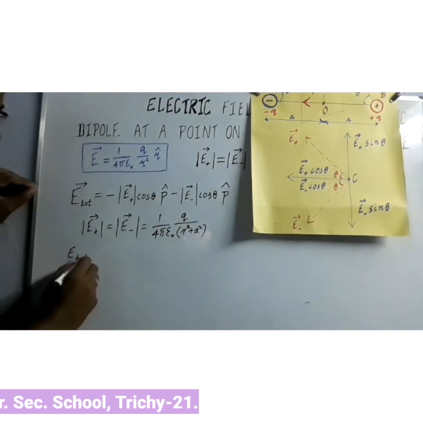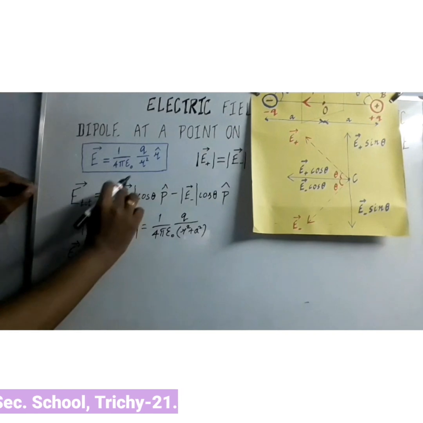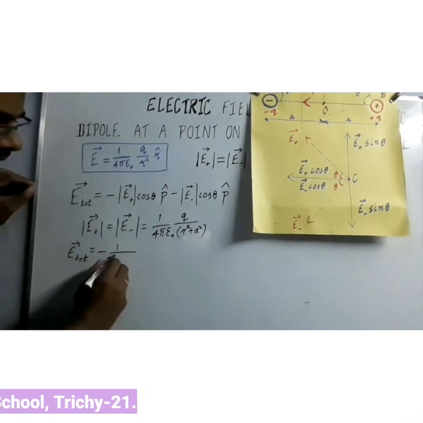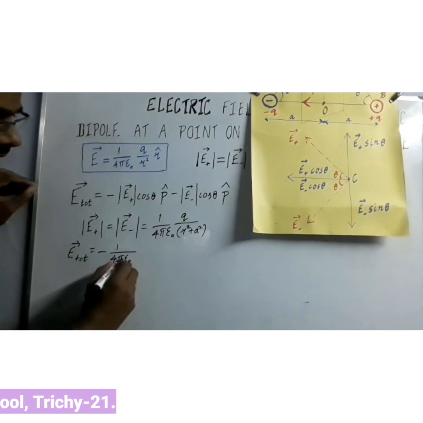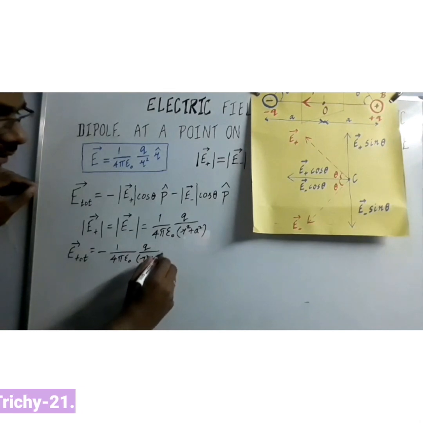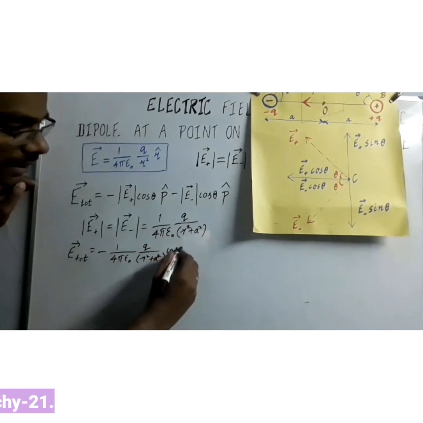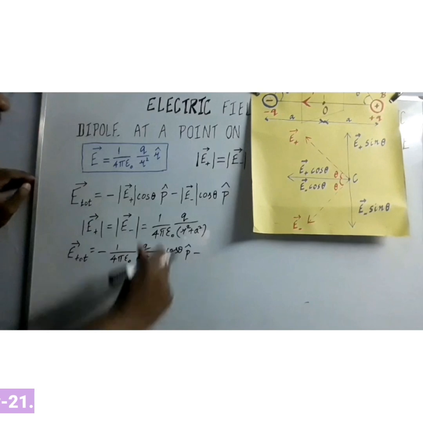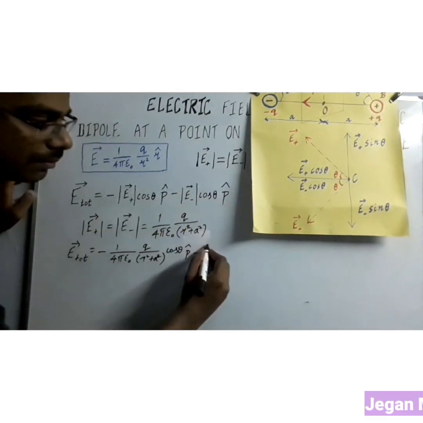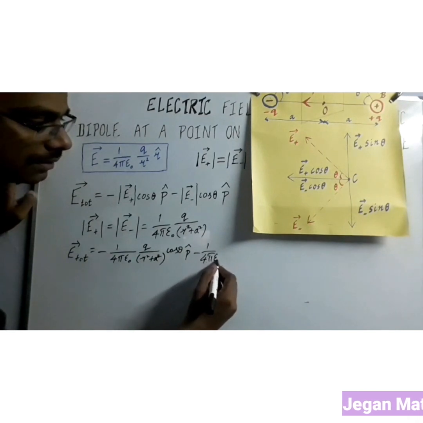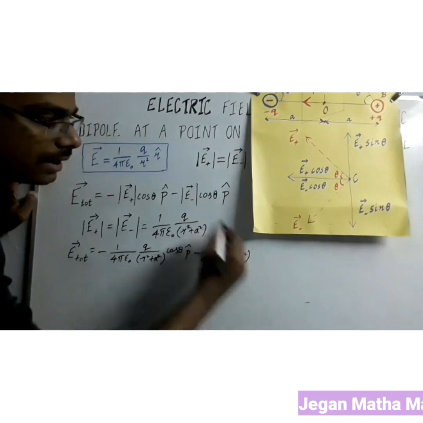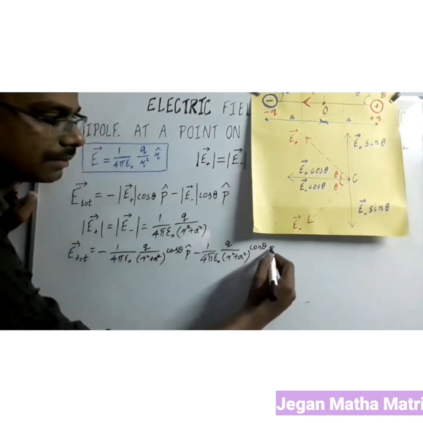So what is the value of the total electric field? It is equal to minus modulus of E plus, the electric field provided by the positive charge, 1 by 4 pi epsilon naught q by r square plus a square cos theta p cap, minus modulus of E minus, which is also the same thing: 1 by 4 pi epsilon naught q by r square plus a square into cos theta p cap.